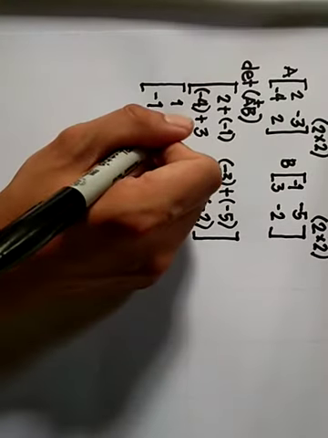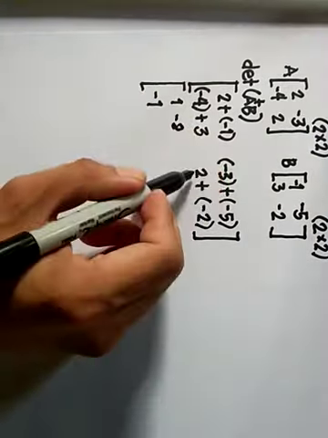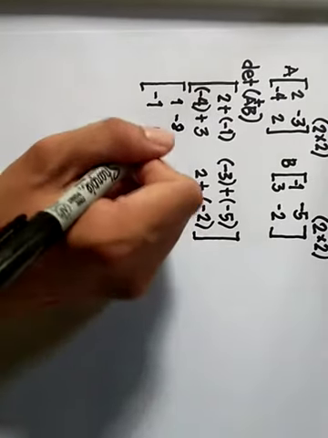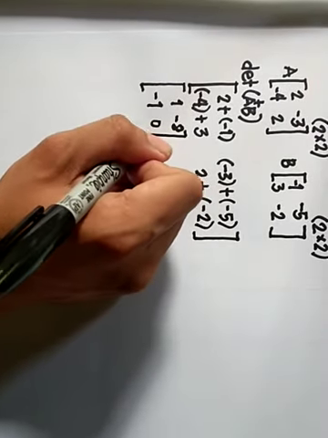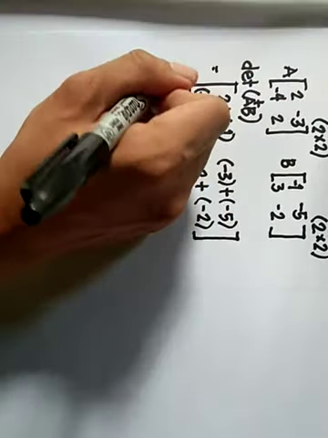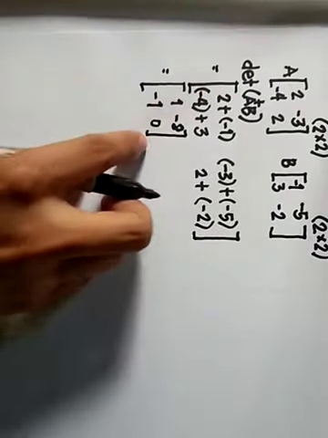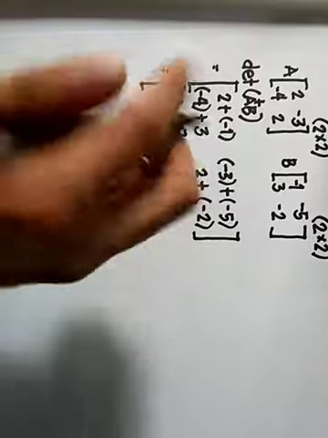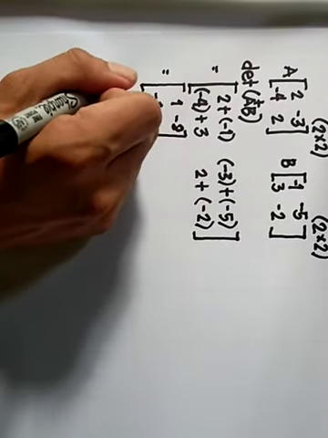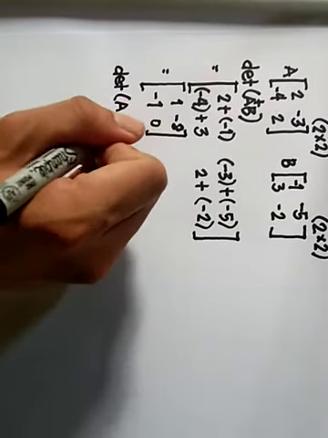And then, for 2 plus negative 2, we have 0. So, ngayon natin na siyang mahanap yung ating determinant of A plus B.